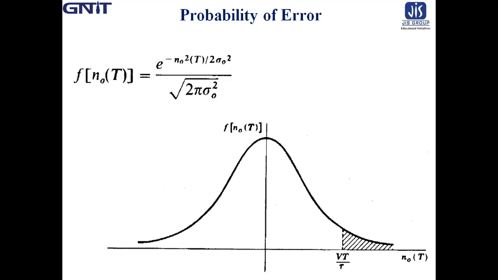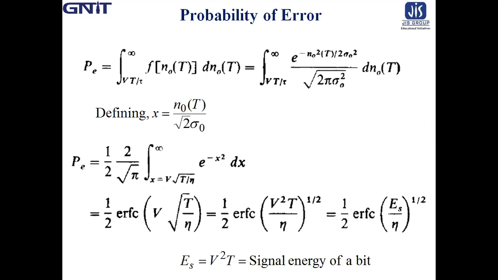Now, at the sampling time, if n0(T) is positive and larger than the magnitude VT by tau, then an error will come, because in that case the receiver concludes that s1(t) was transmitted, but we are transmitting s2(t). So in that case, an error will come. Now we are measuring that much error.